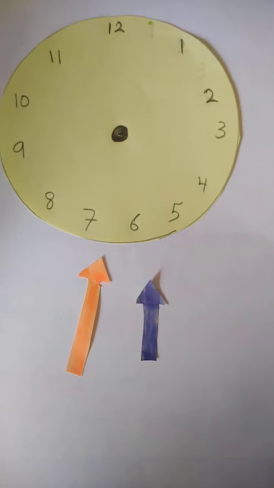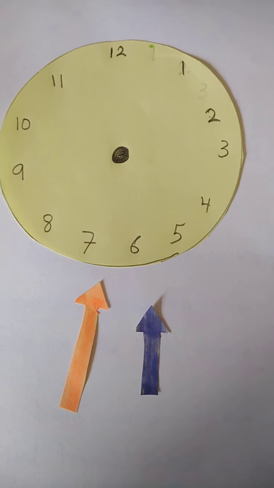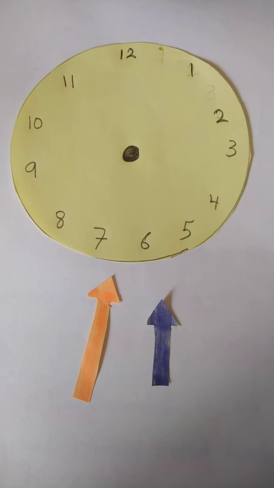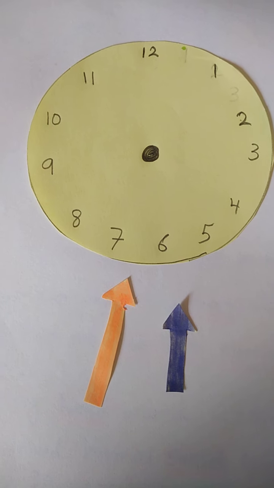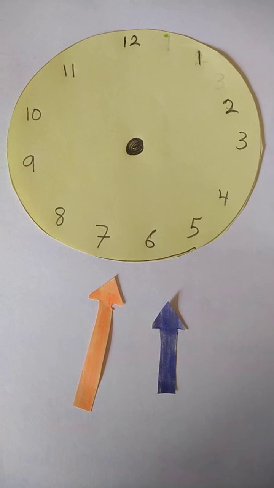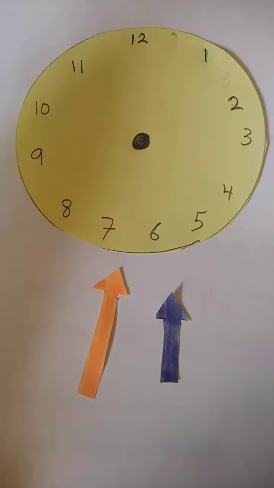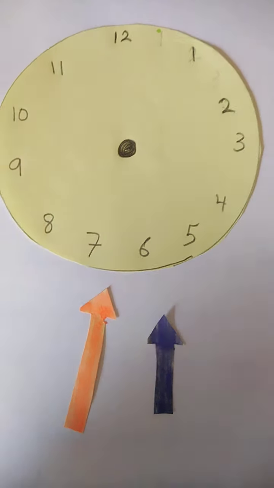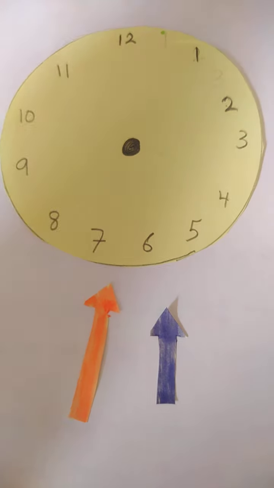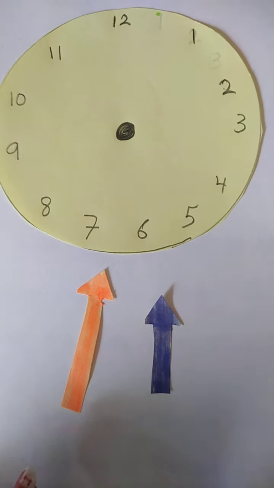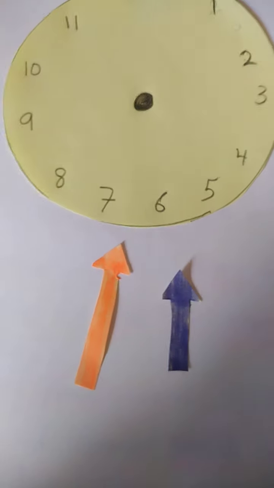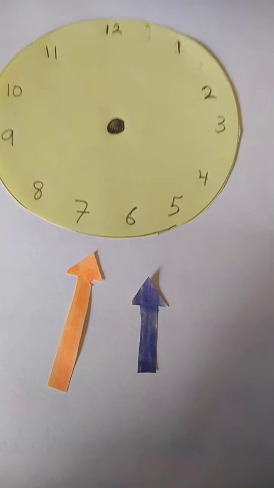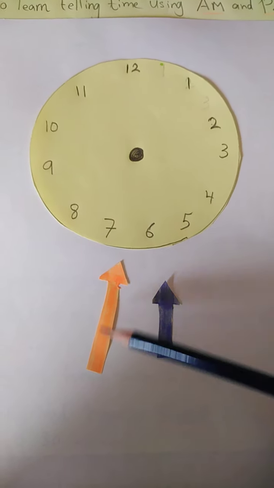But first of all, before telling you how to use AM and PM, we have this clock, and I will teach you how to use this clock in a simple way. We all know a clock has two arms. This is the short arm and this is the long arm.